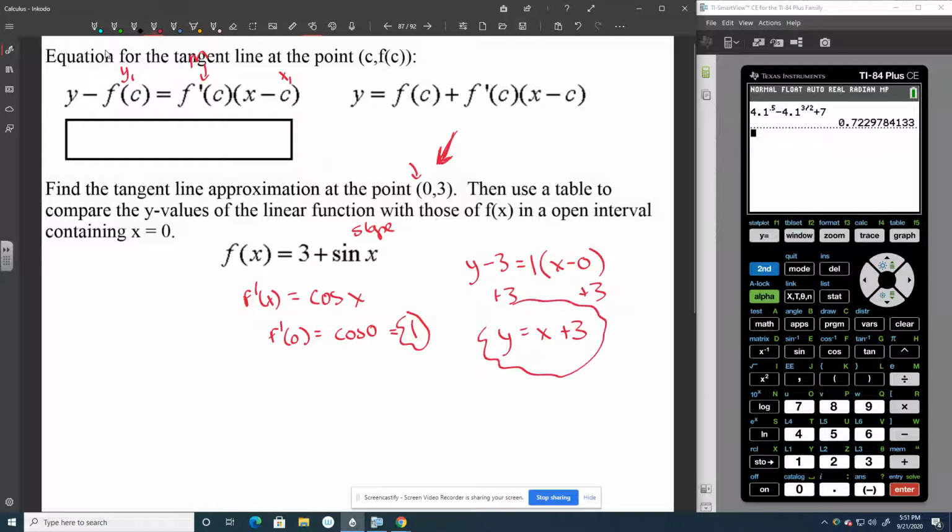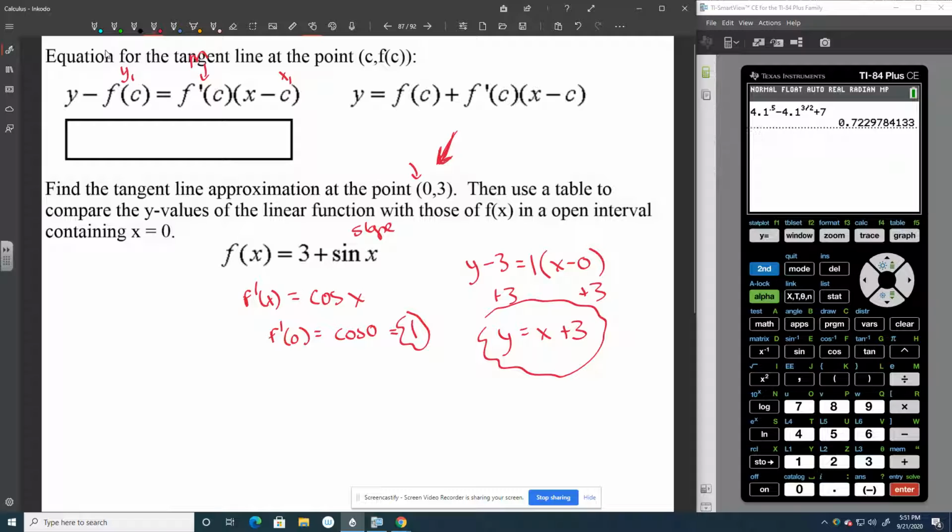So the tangent line that I'm going to use is y equals x plus 3. That's my tangent line. And instead of plugging into my original function, I'm going to use my tangent line to approximate, okay?